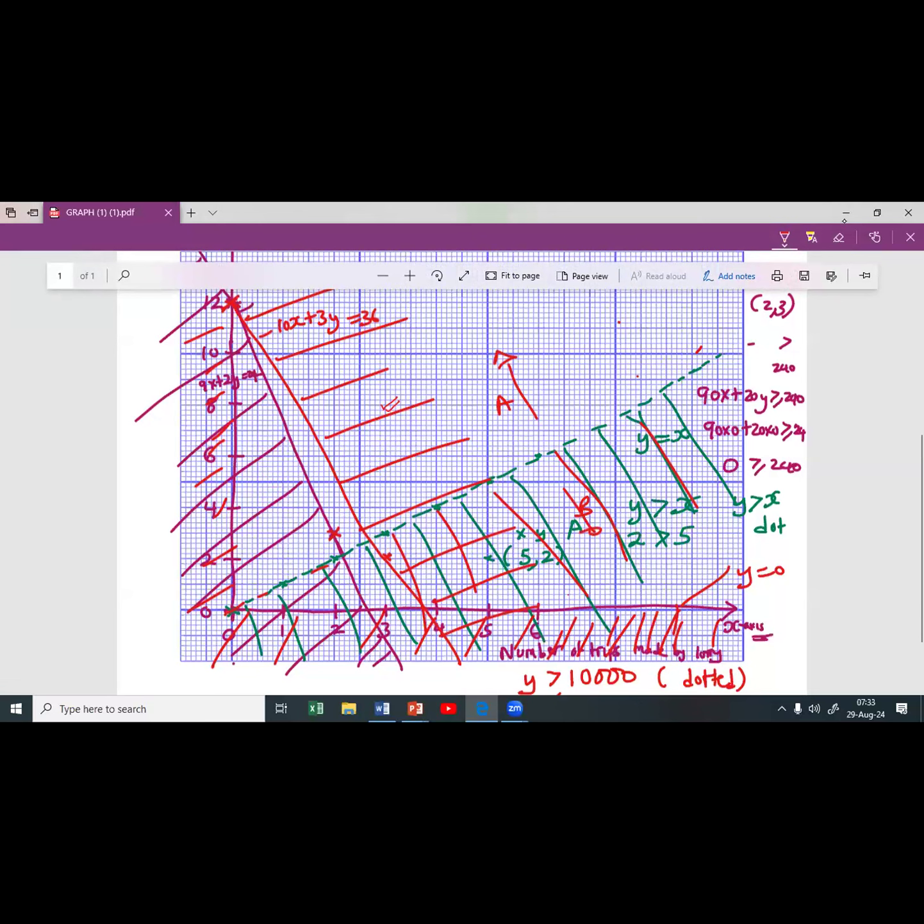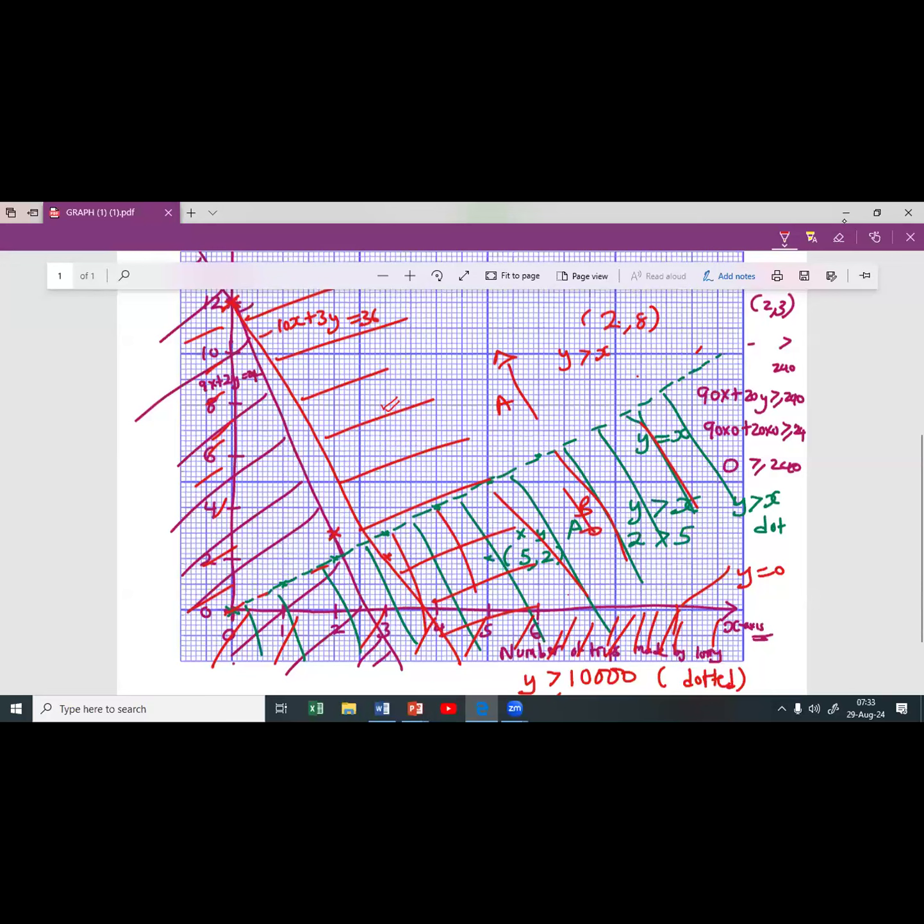But teacher, we can see 2, 1, 8. According to me, they're in the same region A. Yes. And when we used 2, it gave us a false answer. 2, 8?